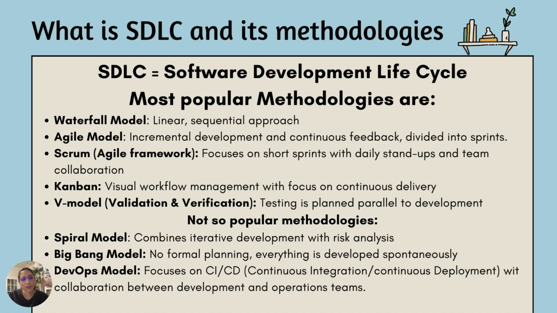The V model, validation and verification, is testing plans parallel to development. And imagine an actual V. On one side, you have the development phase, and on the other side, you have the validation phase. So basically, as the developers are coding something for the website, then the testers get to test that part.